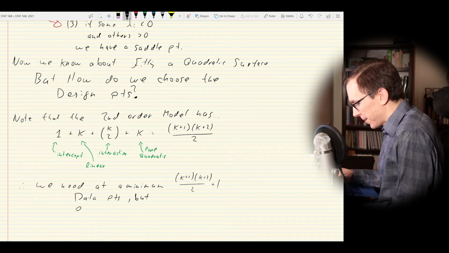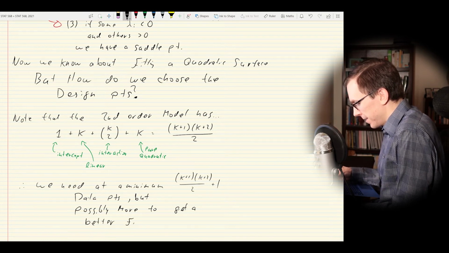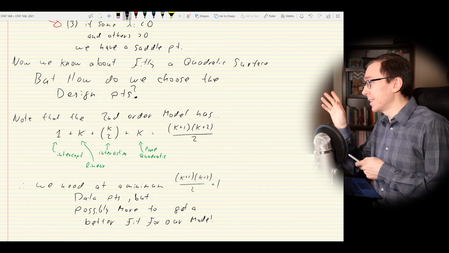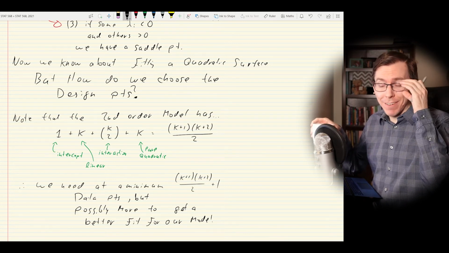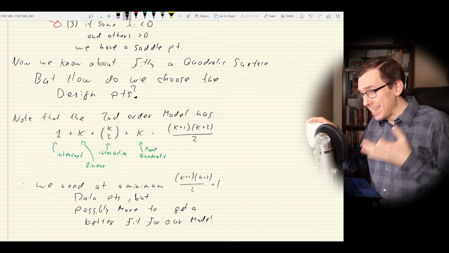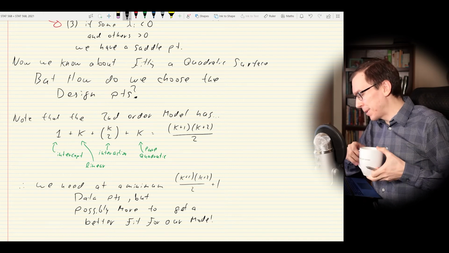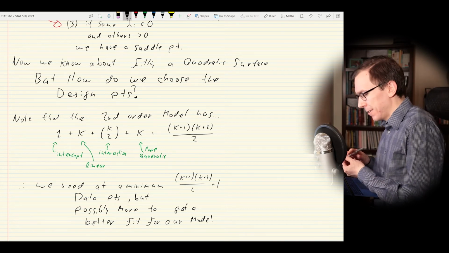But possibly more, to get a better fit for our model. We don't want to necessarily just do the bare minimum, but it is a good thing to keep in mind that we have a certain number of parameters in our model that we have to estimate. So we need to make sure we have at least enough data points to estimate all of those parameters. We need at least 1 data point for each of the parameters in the model. In practice, we're going to need a few more.